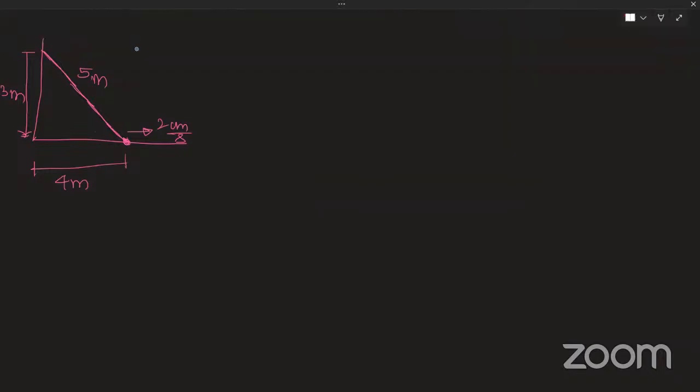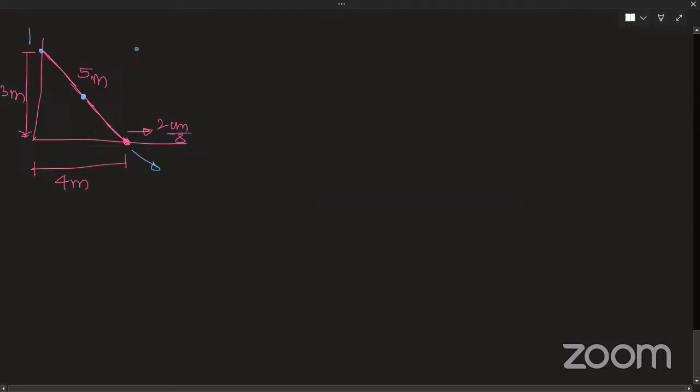So I hope all of you know this, that since the length of this thing can't be increased, if I assume this as center of mass, okay, what will happen? I will take the component of the velocity along the line of the ladder.